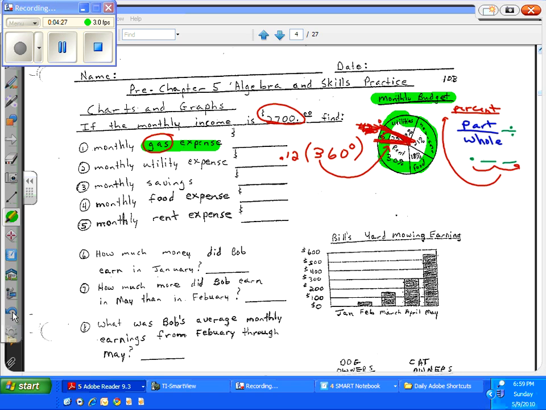Now, in the Algebra 1 textbook, page 70A is where pie graphs are introduced. All this stuff about percent, part, and whole is on page 62 of the Algebra 1 textbook. And in the Algebra 1 textbook, we learned that the basic percentage equation is part is equal to percent times whole.